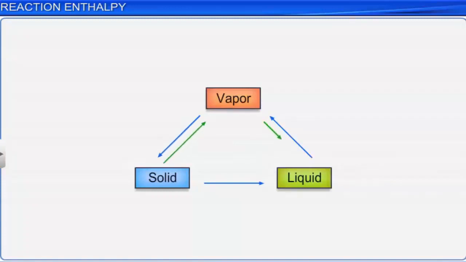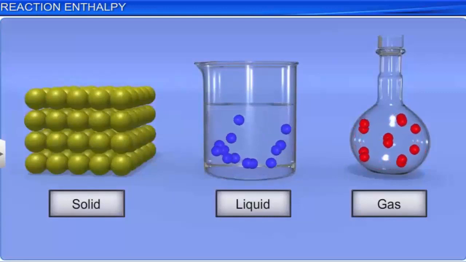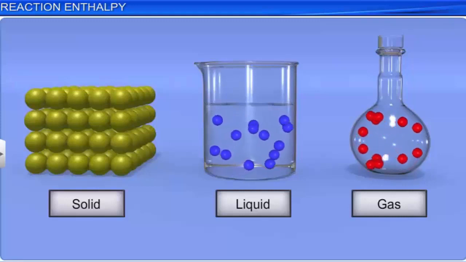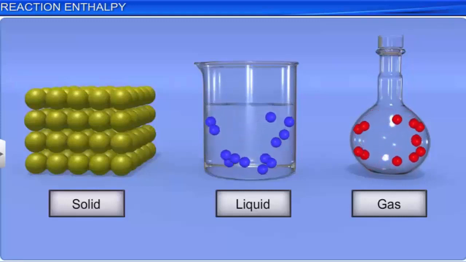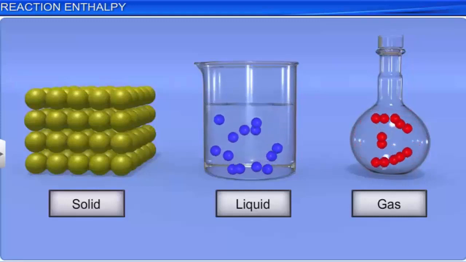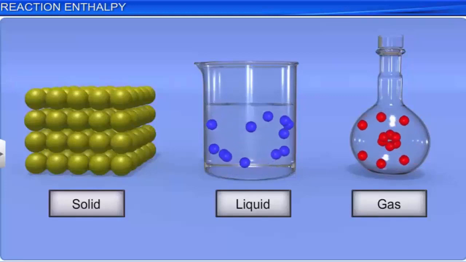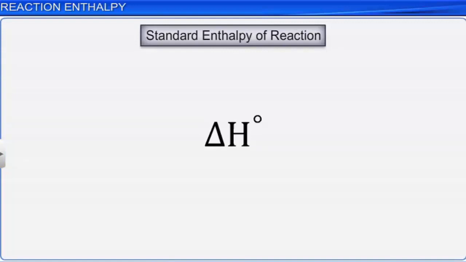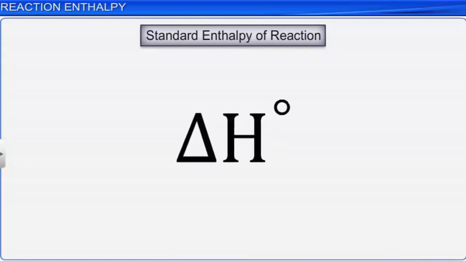We know that the intermolecular forces in the 3 states of matter are different. Therefore, the amount of energy required to convert matter from one state to another also differs. Standard enthalpy is represented as delta H naught, where the superscript naught indicates the standard state.